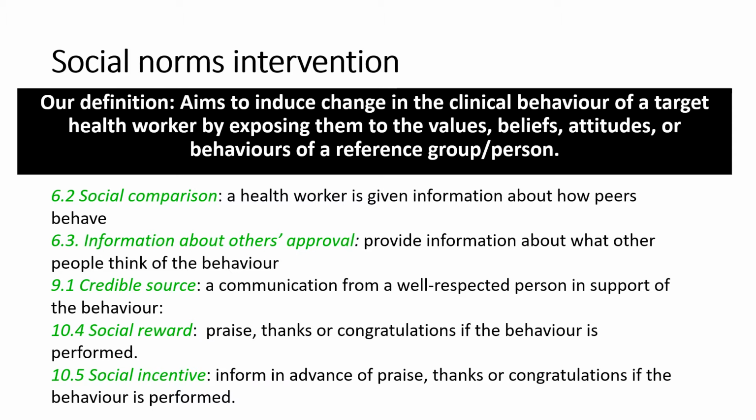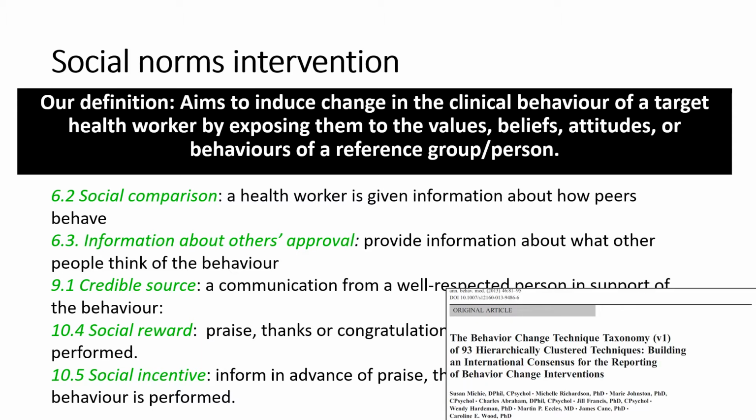There are 5 behaviour change techniques that we've identified that could be classified as social norms: social comparison, information about others' approval, credible source, social reward, and social incentive. These are all listed in a taxonomy that you'll all be familiar with, I'm sure, the behaviour change technique taxonomy.